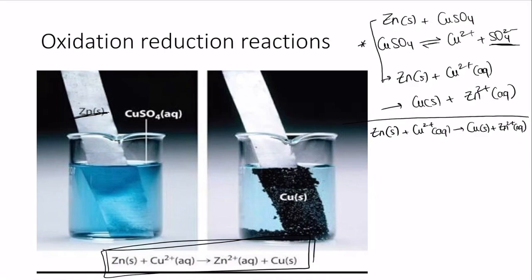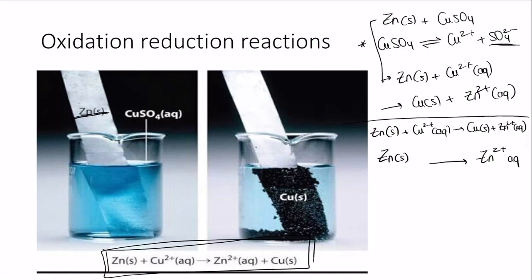Now I want to divide up the reaction by metal. We started with Zn as a solid, and then we ended up with Zn2+ as aqueous.